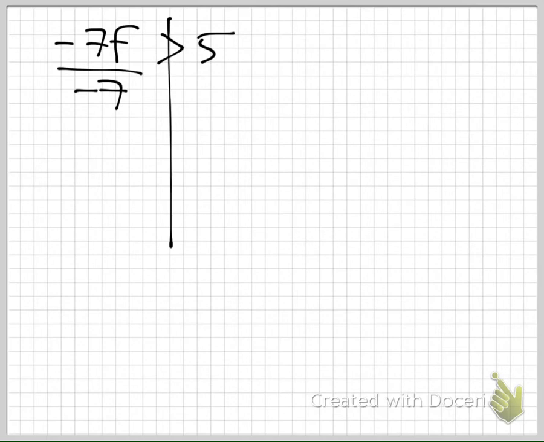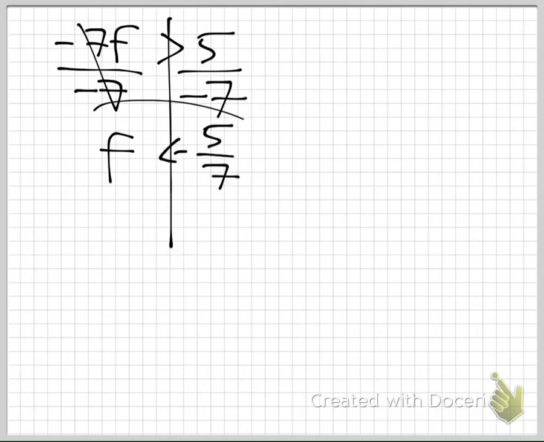Divide by negative 7, divide by negative 7. F is, what do I do? We're done. There's no calculator needed here. For real. Wouldn't help at all. How many of you have that? F is less than negative 5/7.